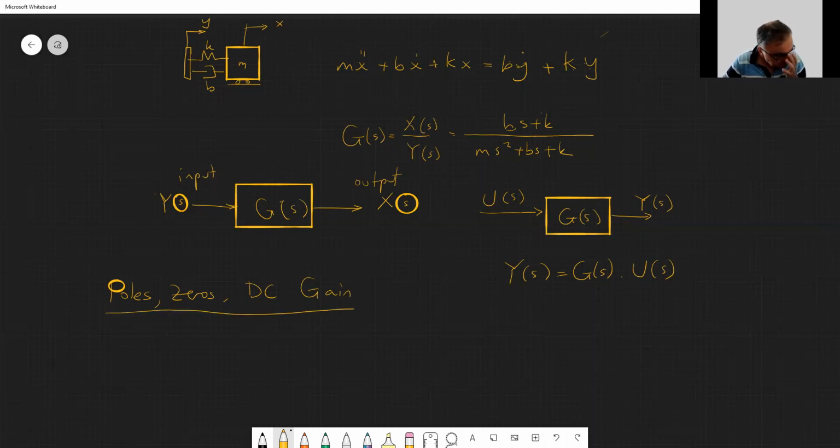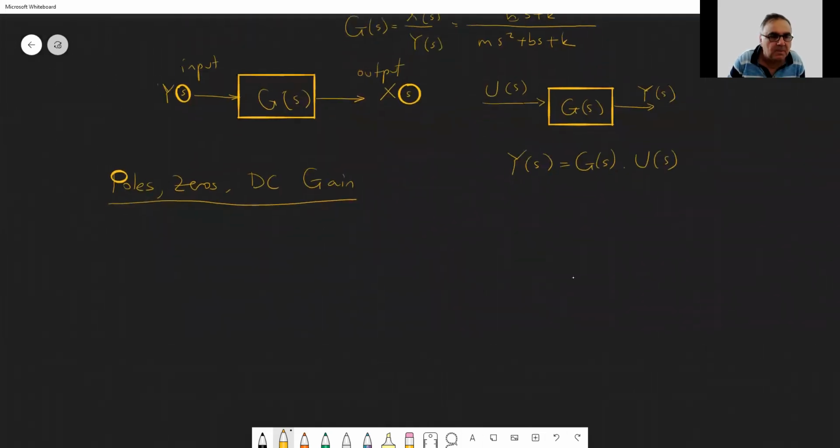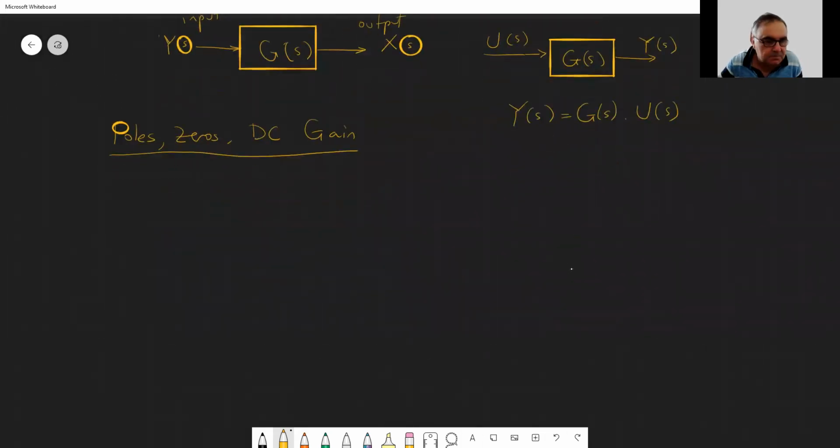The transfer function of a system, as we know, is in general a ratio of two polynomials, a numerator polynomial and a denominator polynomial.